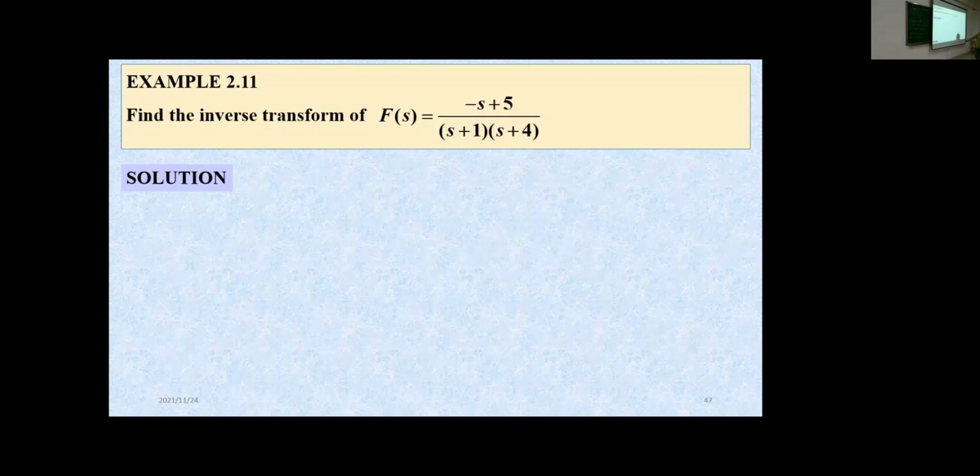So try to work this out yourself. You can use different ways to solve it. Up to you.